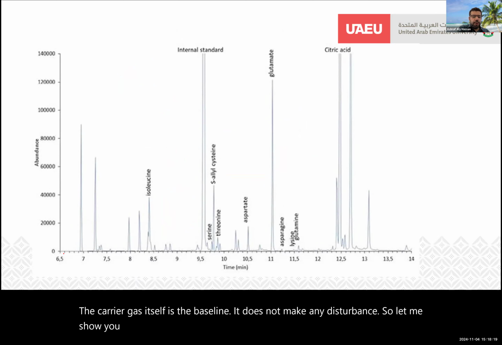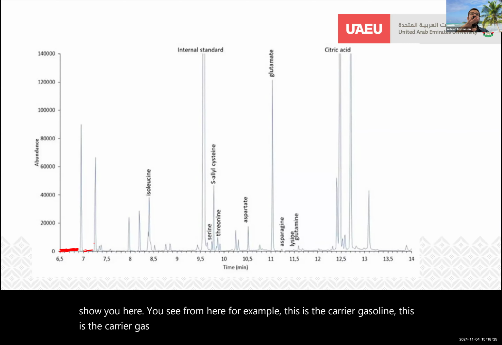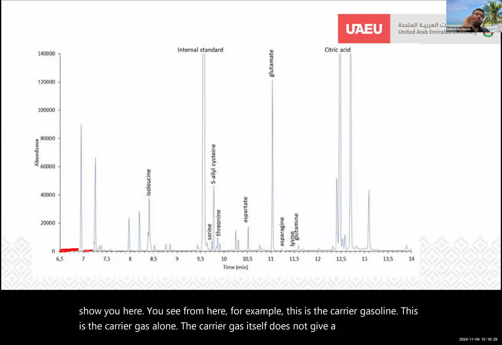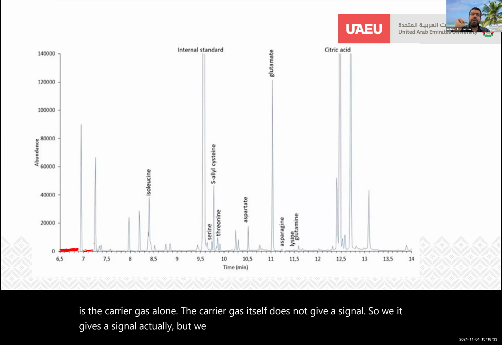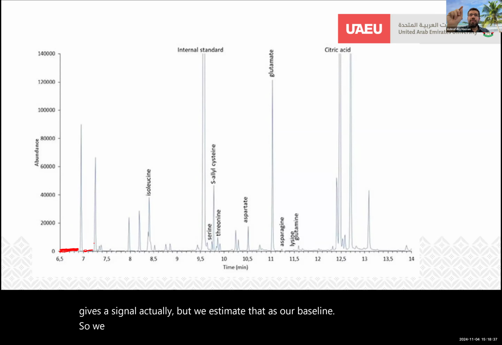You see from here, for example, this is the carrier gas alone. This is the carrier gas alone. The carrier gas itself does not give a signal. So it gives a signal actually, but we estimate that as our baseline. So we zero at the signal of the carrier gas. It's always there, even before the sample.